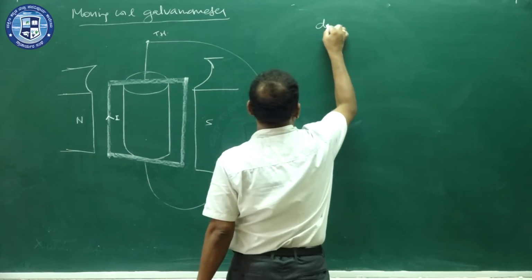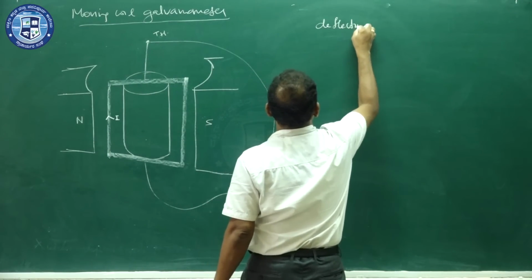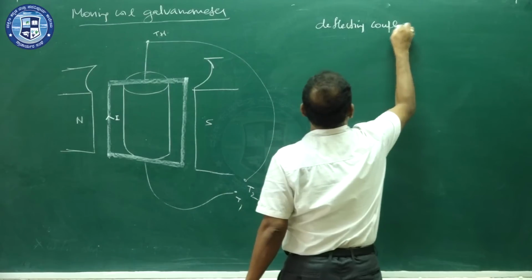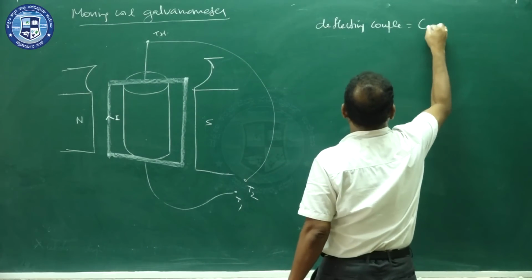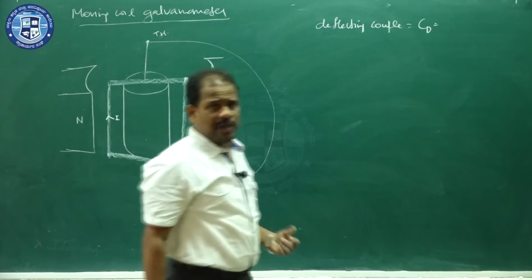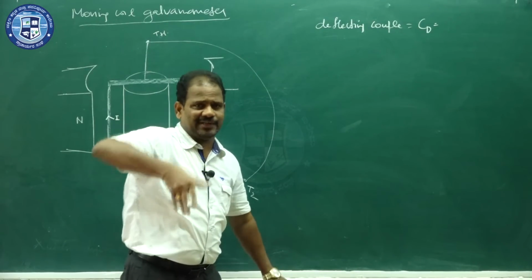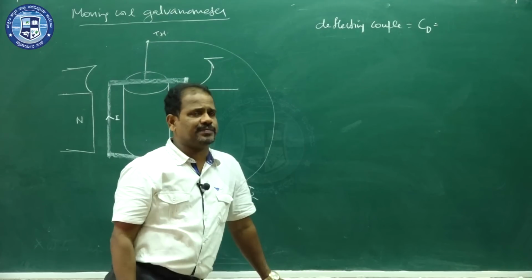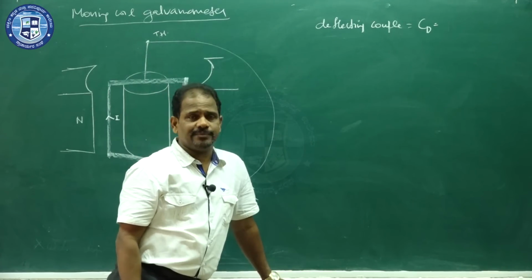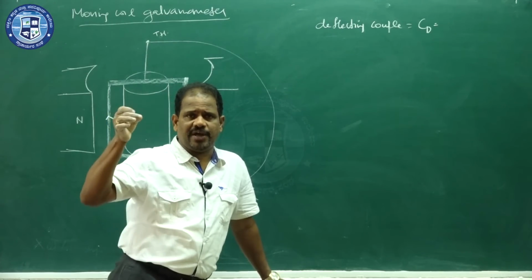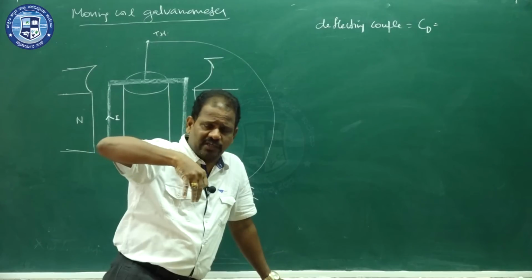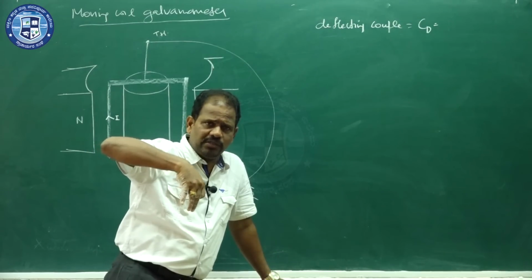Why is it called a deflecting couple? Because of this couple, the coil gets deflected. It is just the torque you studied previously. You pass current in the coil, torque acts, couple acts, the coil turns.